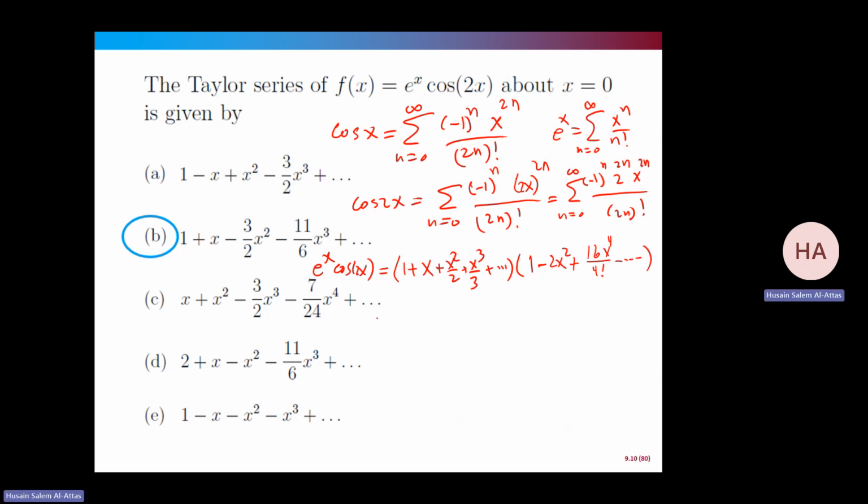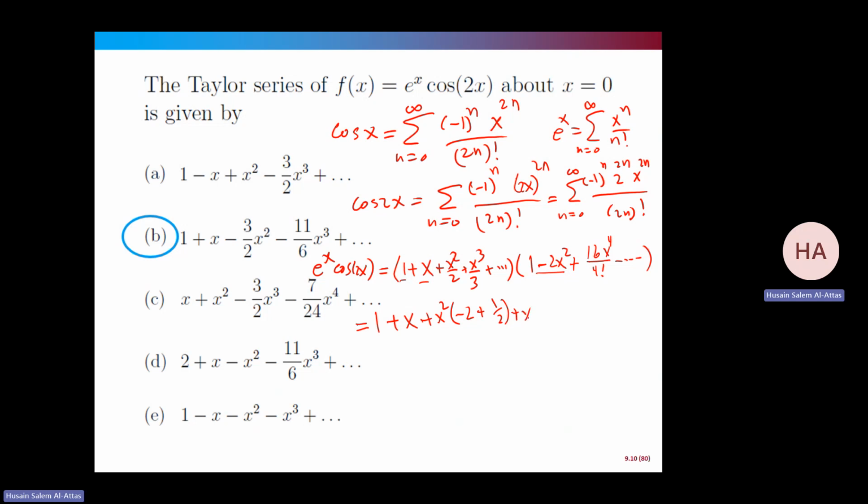So, what will be the coefficient of the constant? That will be 1. X, I have x only, x times 1. X squared will come through 1 times minus 2x squared. So what is the coefficient of x squared? I have 1 times minus 2 is minus 2, and I have x squared over 2, so minus 2 plus 1 half.